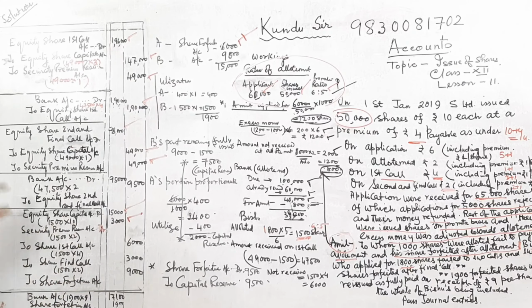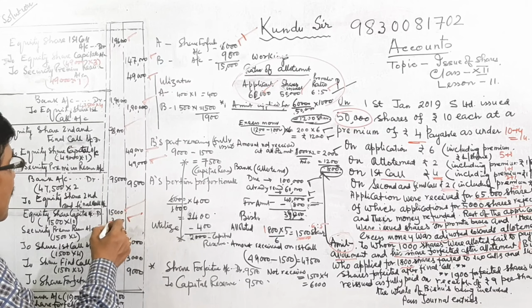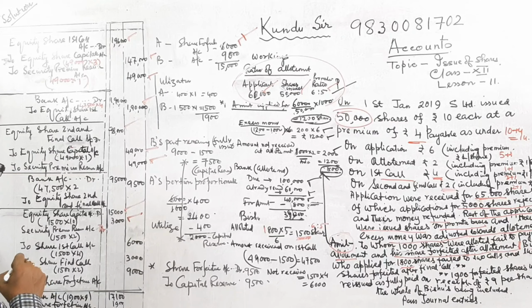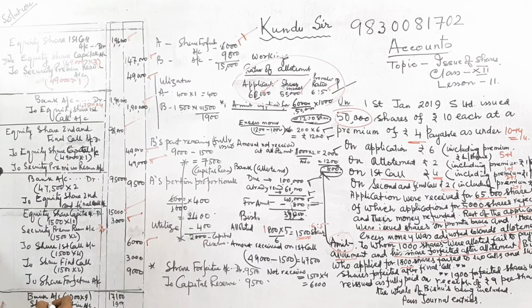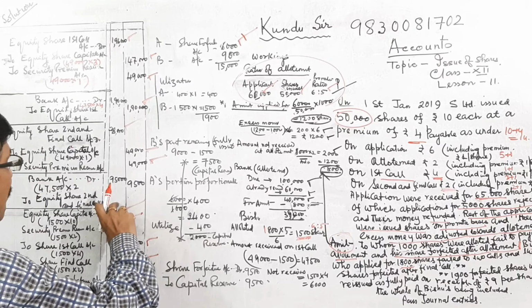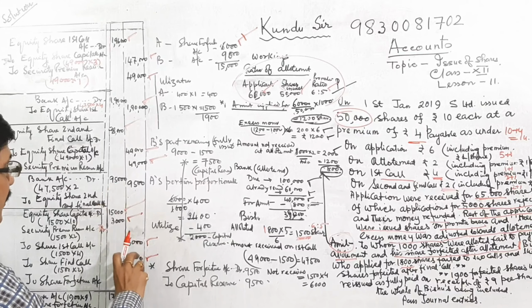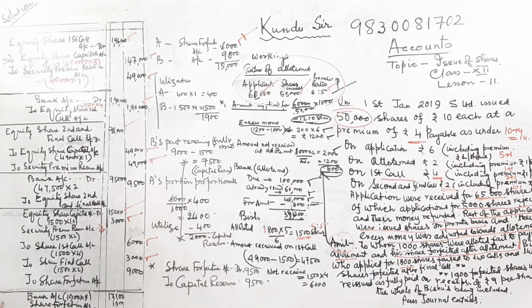And this total we are making due 15 plus 3, 18, and due amount for first call this and for final call this. That is the difference of this and this equal to 9,000 equal to share forfeiture account.